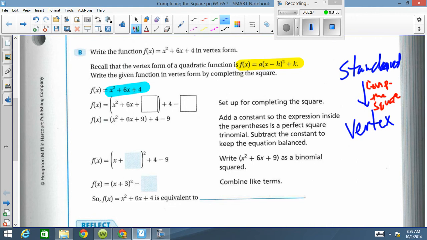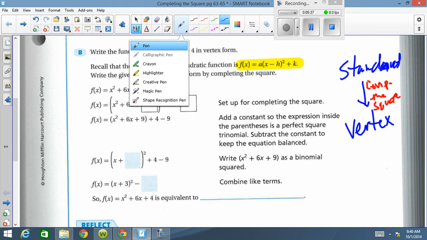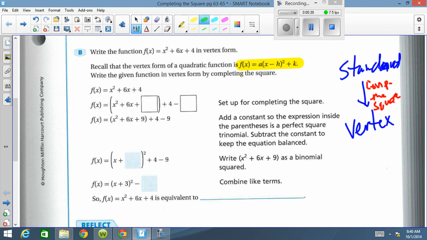Okay, and here's how this works. Basically, what we're going to do is take the first two terms in this trinomial, which is the x squared plus 6x part, and pull that aside, and then take whatever the constant term is and move that over to the right.